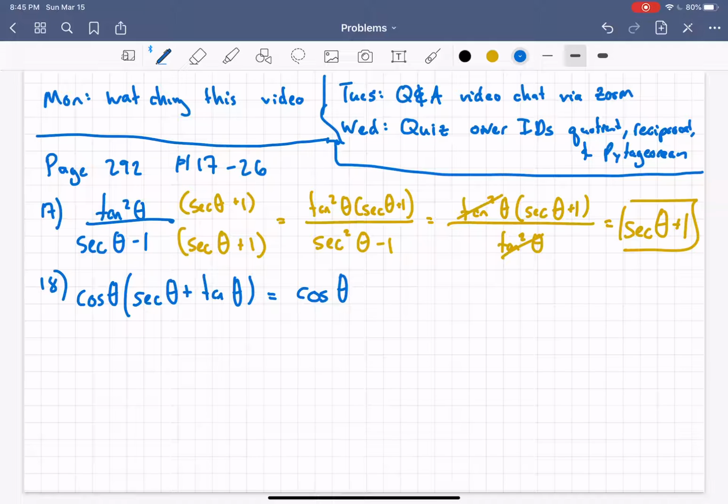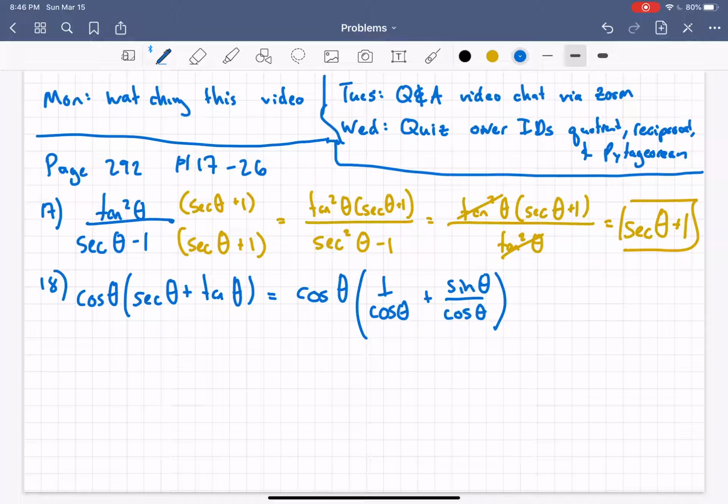I was going to say maybe we can put it in Pythagorean identity, but that's always more difficult. Let's just write it in the reciprocal form, right? And then using the quotient identity, write the second one. So when we look at this, I was thinking we're going to have to use Pythagorean identity. But this is actually going to end up being a little bit easier because we do have the same denominator here.